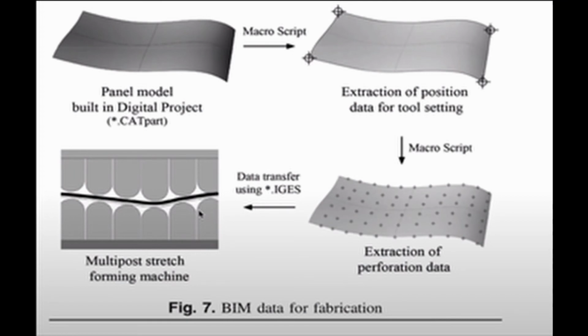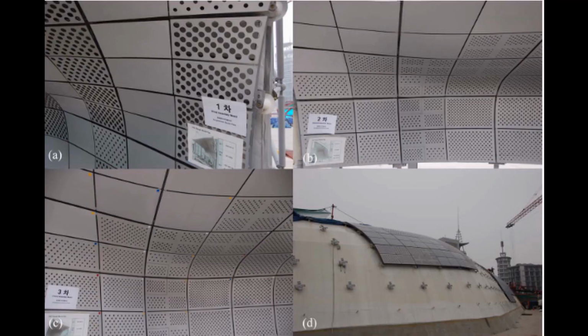After that, the construction work was completed by cutting the necessary parts of the finished secondary curved panel. Each multi-point forming model takes information from BIM and builds it panel by panel.